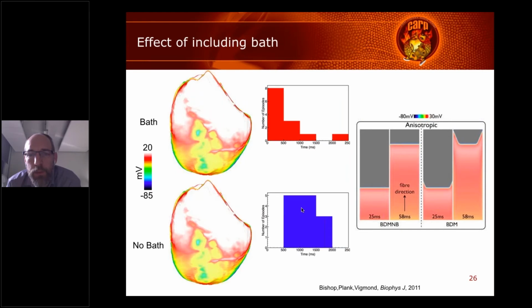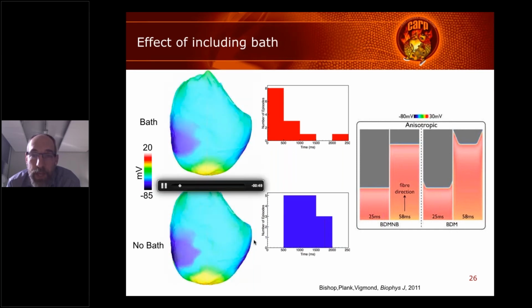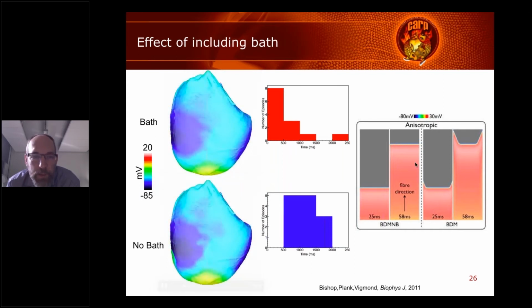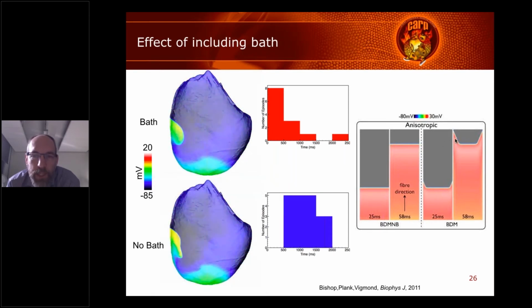So here's an example of where bath loading can have an effect. Here's a movie, the exact same, except that one of them takes into account the bath. You can see the effect of the bath if you look on the right side of the sheet. One of the simulations is going to stop, and the other one will keep going.